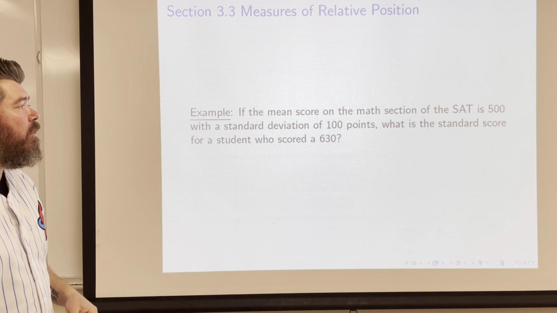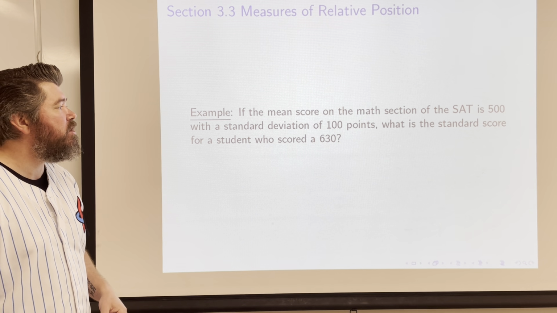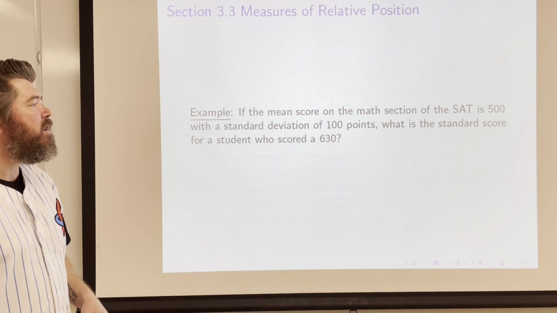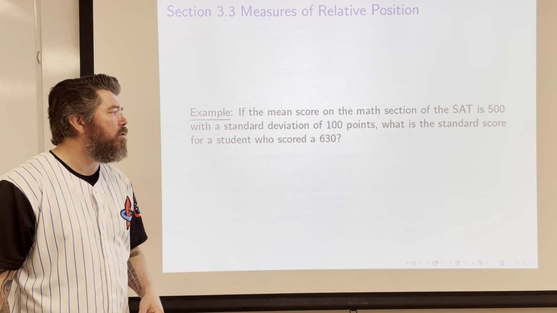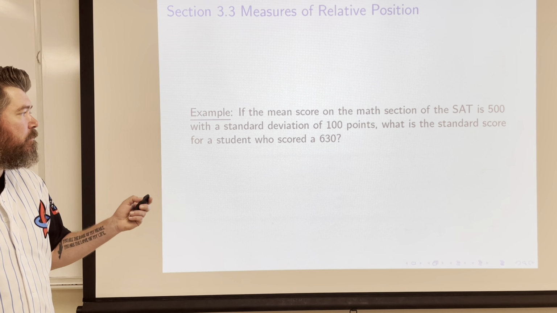If the mean score on the math section of the SAT is 500 with a standard deviation of 100 points, what is the standard score for a student who scored a 630 on this SAT test?